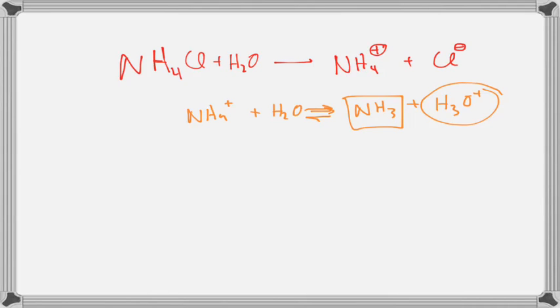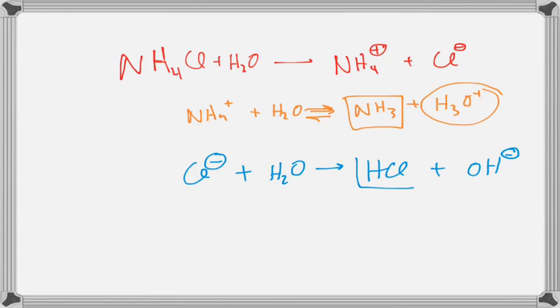Now let's take a look at the chloride ion. What happens when we add the chloride ion to water? Let's first assume the reaction occurs so that we can see the products. What happens? HCl plus OH minus. So we could now start to look at the effects on the pH, but before we do that, we want to make sure that this species is not a strong acid or base.